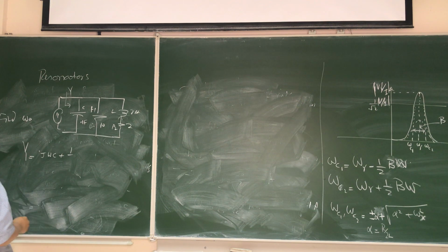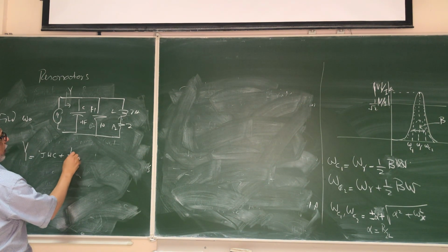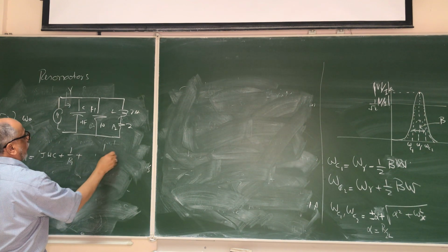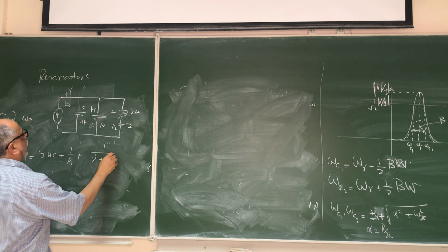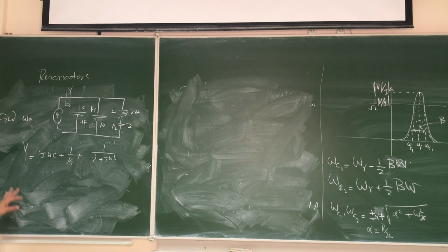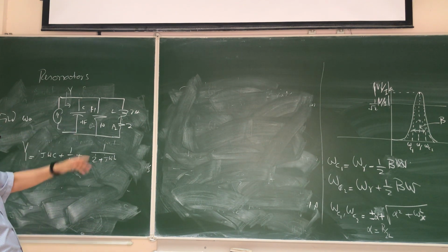So plus 1 over R1 plus 1 over 2 plus j omega L. Alright, so this is the admittance here.